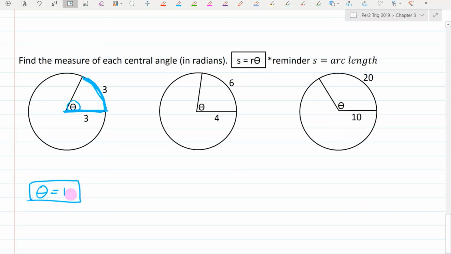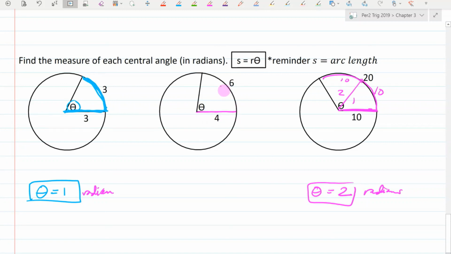Theta is 1 radian. So in this one here, if that's 10, then 10 is 1 radian, and the other 10 is a second radian. So here, theta is equal to 2 radians. And here, it's 1 radian.